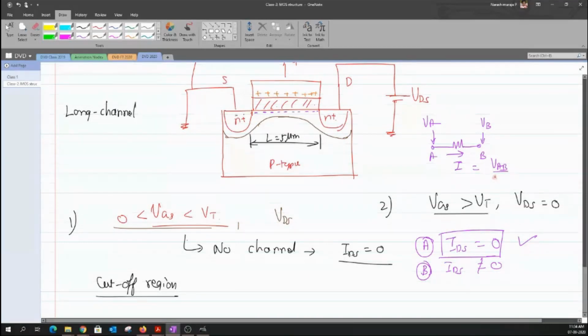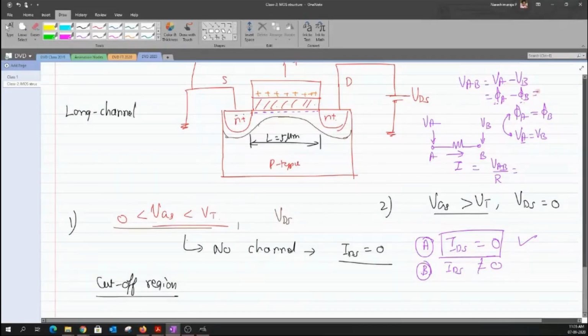If the value of VA is exactly equal to VB, or in short, if you're familiar with phi A and phi B, you can use either of these two notations. Sometimes in your field theory you would have used the phi term, which is nothing but the potential again. If these two potentials are the same, then the expression for VAB can be written as VA minus VB, or phi A minus phi B. Since both are the same, they cancel each other and we have no potential difference across them, due to which the current will also become equal to 0.